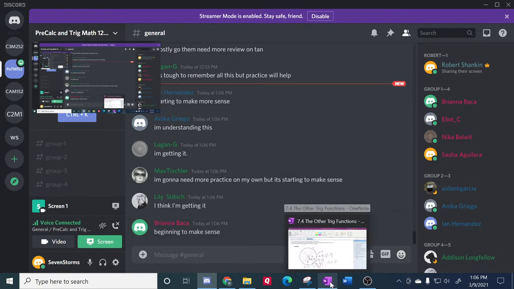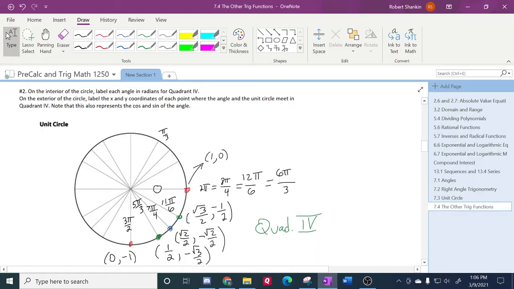Okay, now, the unit circle. That thing is in the homework as a worksheet. And I think it was in, like, 7.3 or something like that in the homework. So practice this.